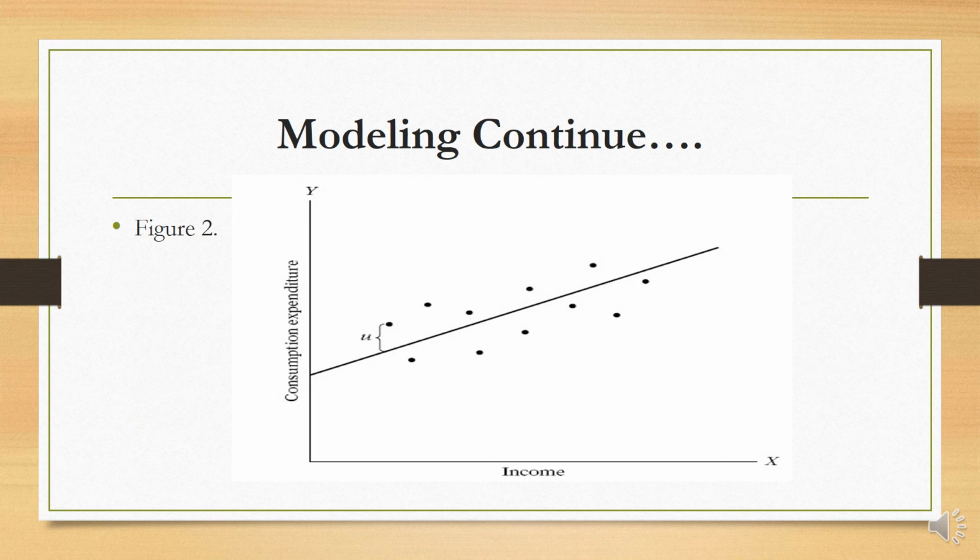This is figure 2, which shows the econometric model. On the x-axis we take income and on the vertical axis we take consumption expenditure, and the straight line is the regression equation line, where the dots show the distance from the line, that is, the error term.